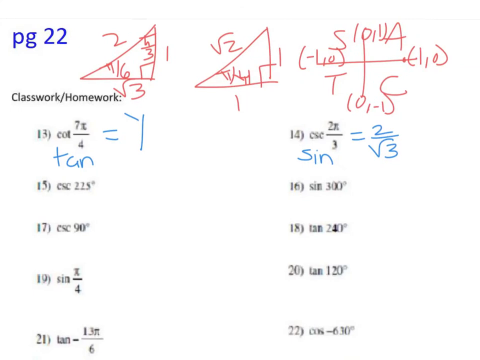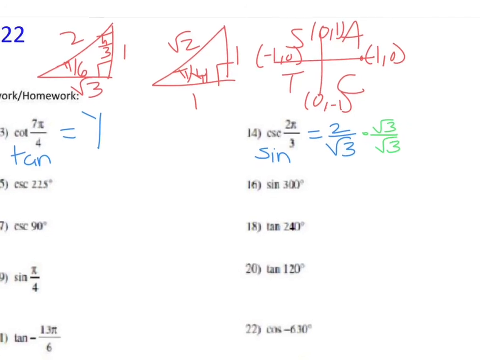So I'm going to change that. That equals 2 root 3 over 3, and then I have to figure out positive or negative. So 2 over 3 is a little less than 1, because 1 would be 3 over 3. So that puts me in the sine quadrant or the second quadrant, so this is positive.